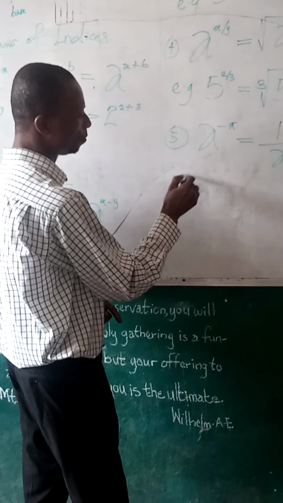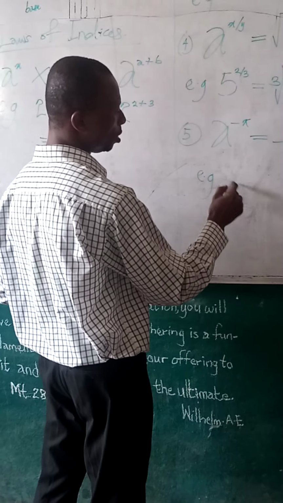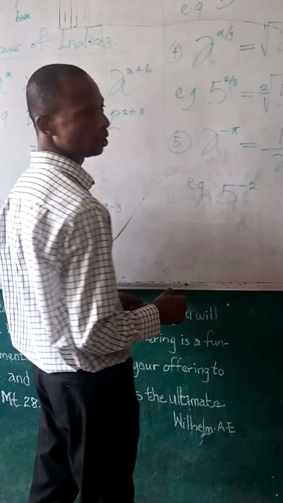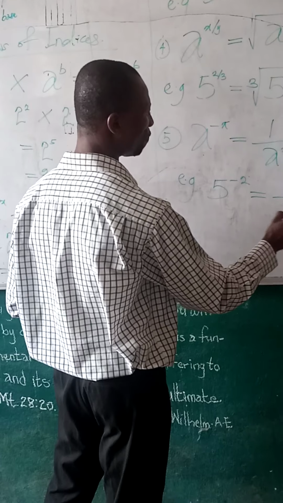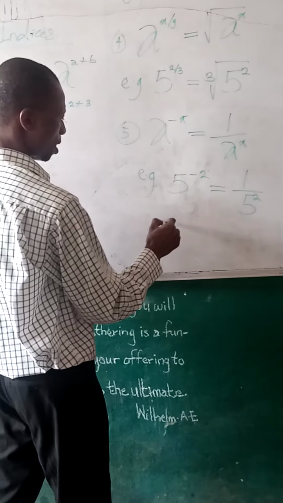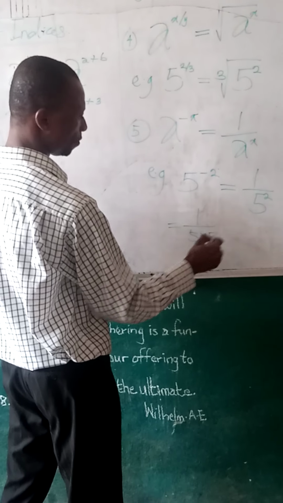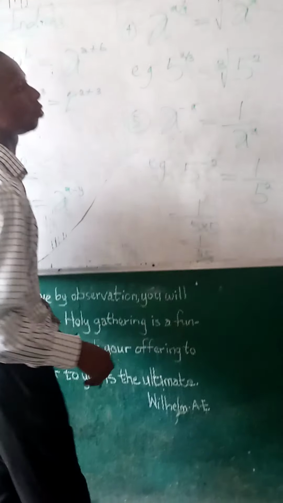That is, for example, if I have 5 raised to the power minus 2, it simply means 1 over 5 raised to the power 2. And that implies 5 times 5, which will be 1 over 25 as a result.